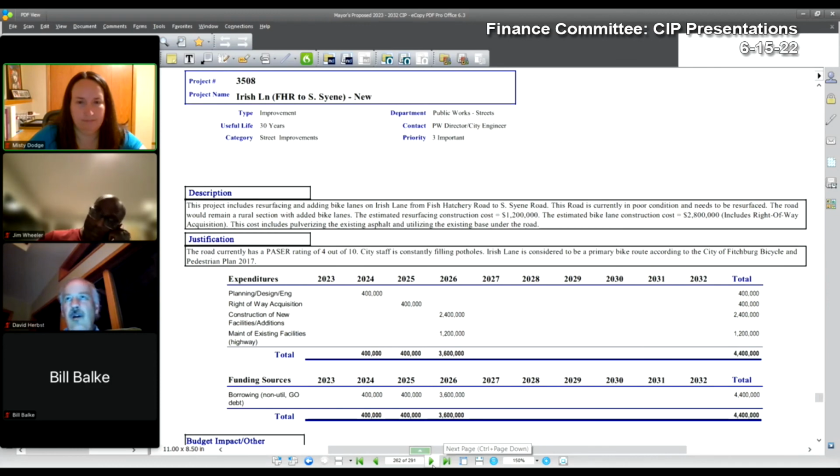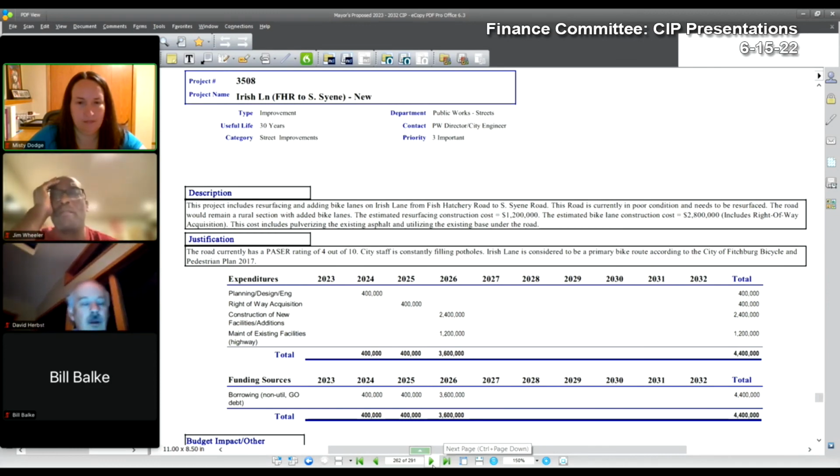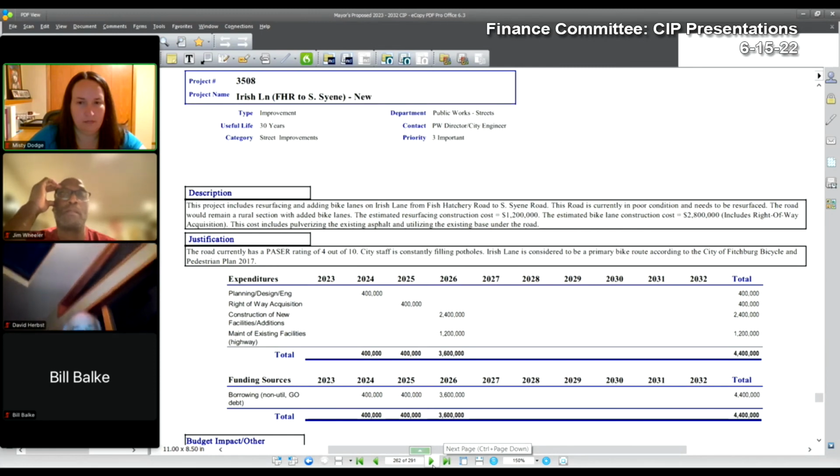Design and property acquisition would add another $800,000 to the project. There is a water main project along Irish Road that will concurrently be constructed with the road. Again, this is a new project with a grant having been applied for, and this project would make a significant impact to trees along Irish Road if bike lanes were to be added.